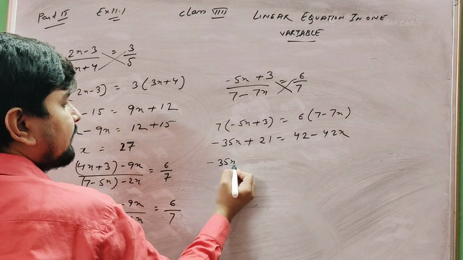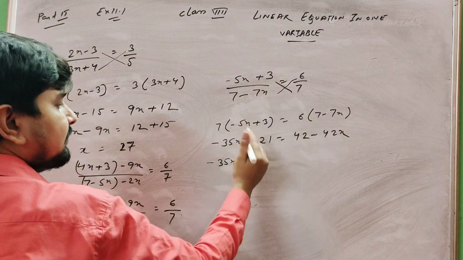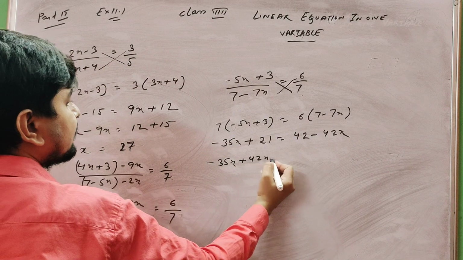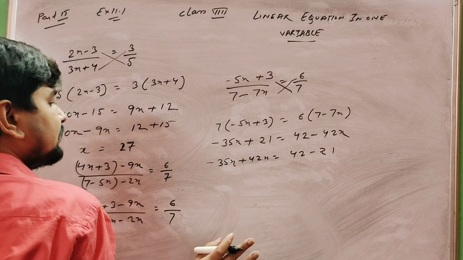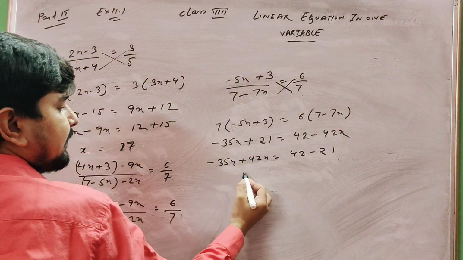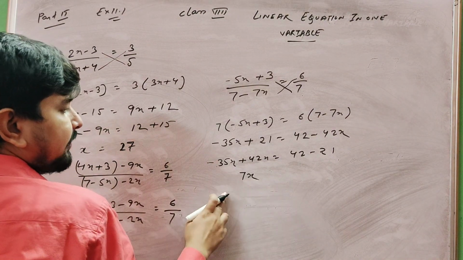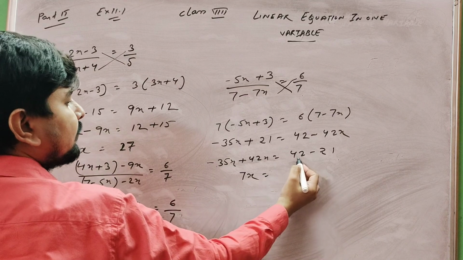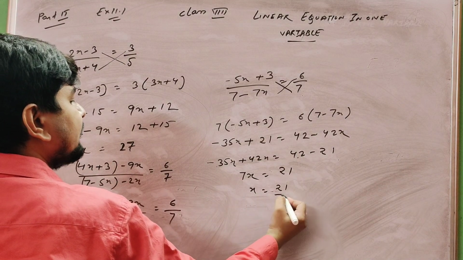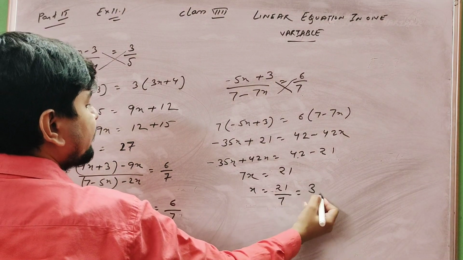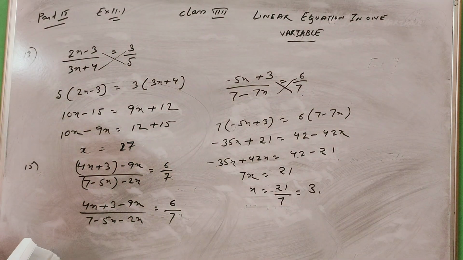Again, the 35x and minus 42x come to this side, that is plus 42x, equals 42 plus 21 that side, minus 21. So 42 minus 35 is 7x equals 42 minus 21, that is 21. So x equals 21 upon 7. So the value of x is 3. Clear? Note.